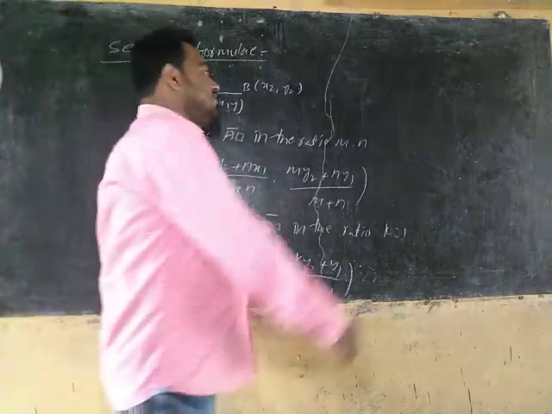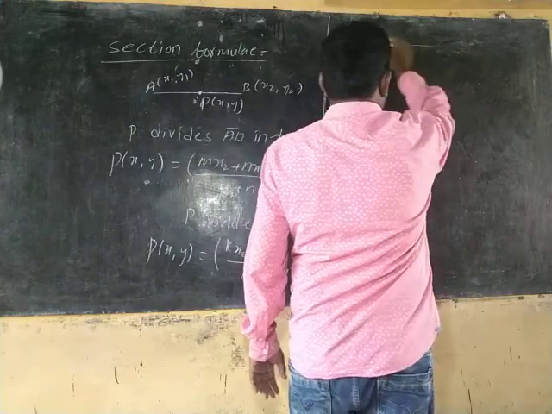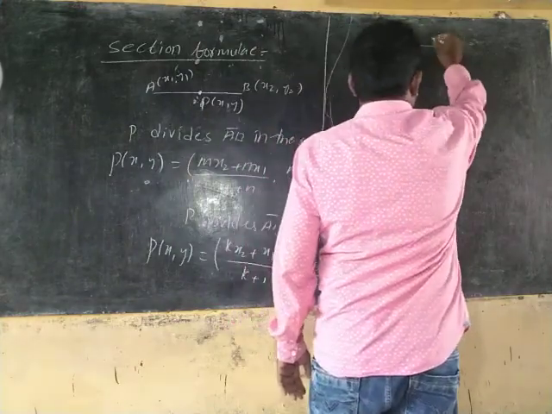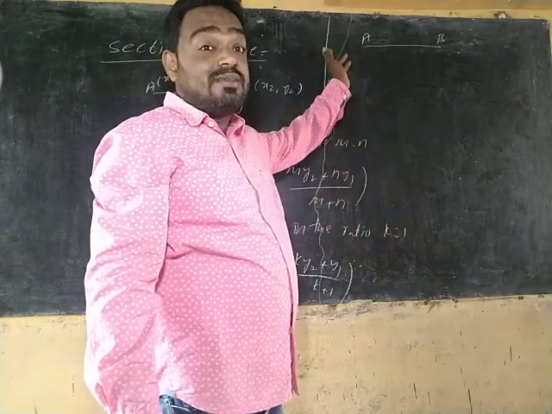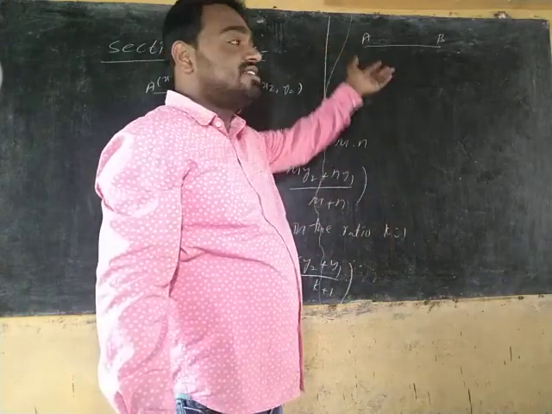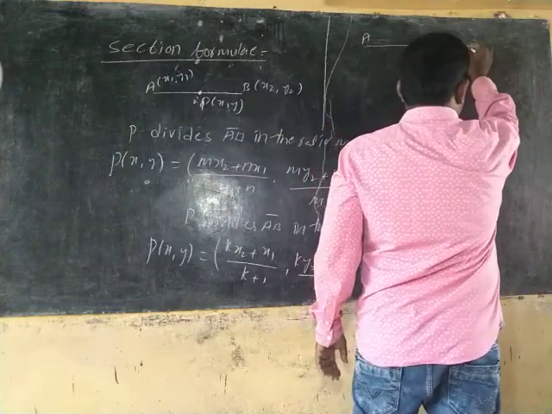Now the externally dividing point. A point P lies on the extended line segment of AB. This is the AB, and this one I am extending.